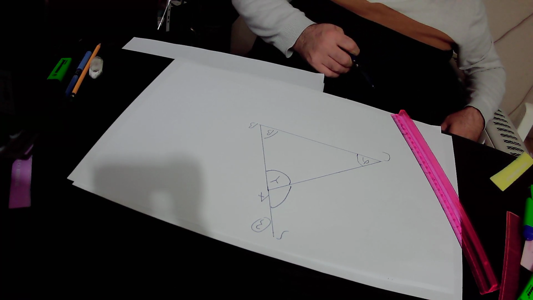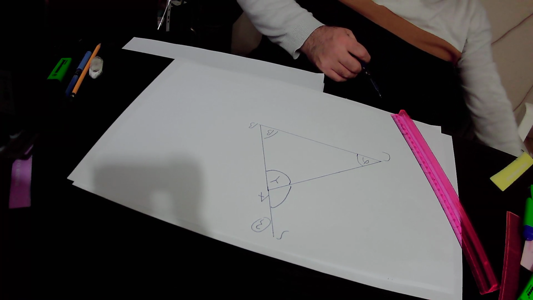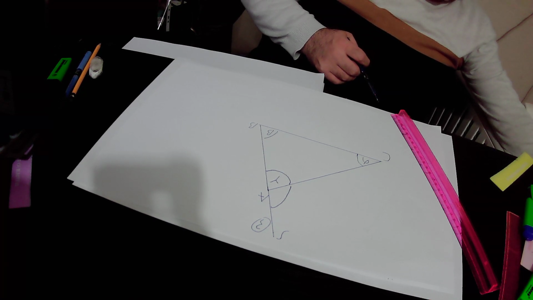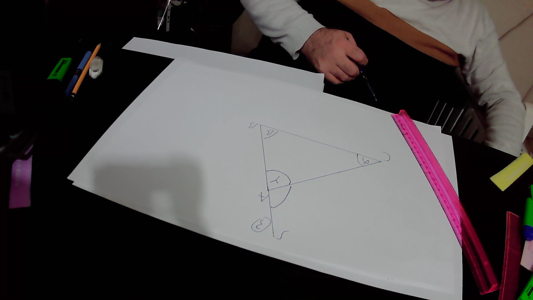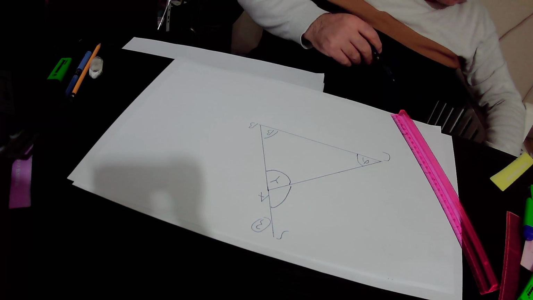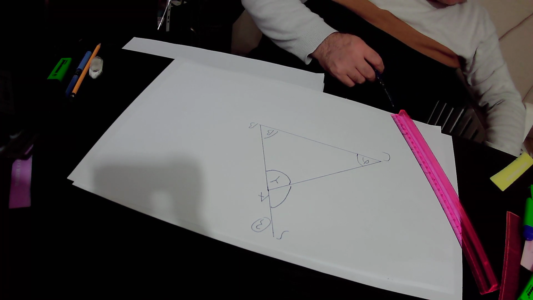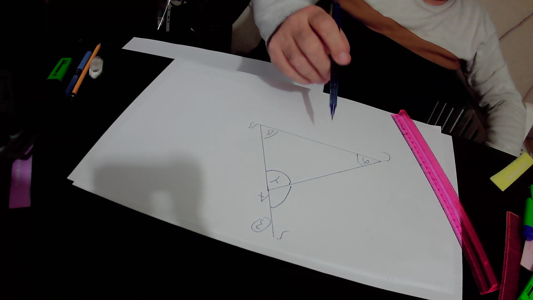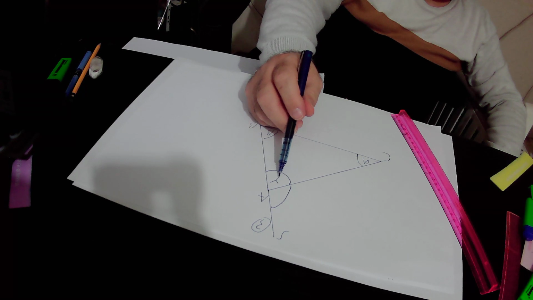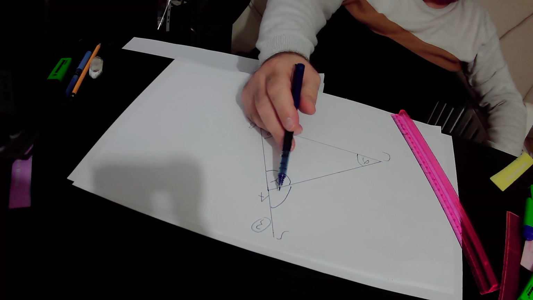According to rule number 4, the exterior angle SAC of triangle ABC is equal to the sum of the angles that are not adjacent to it. As you can see, angle gamma is adjacent to angle SAC.